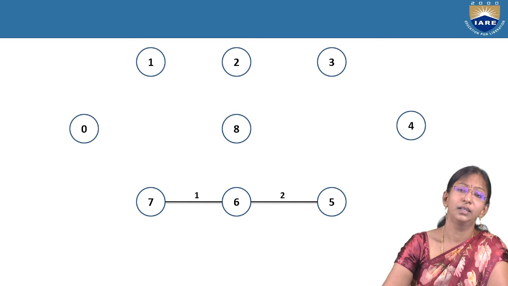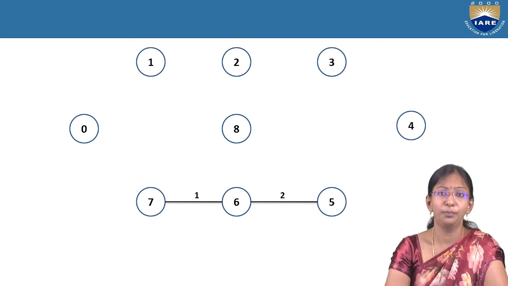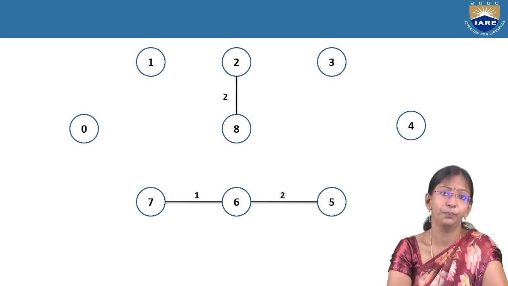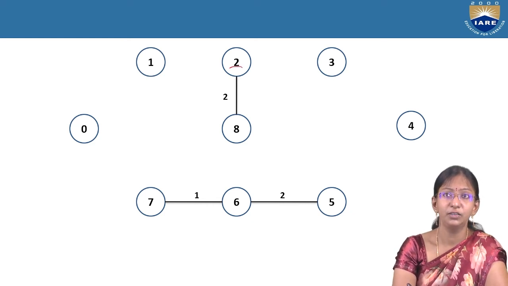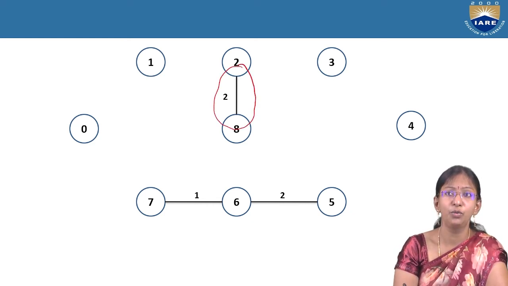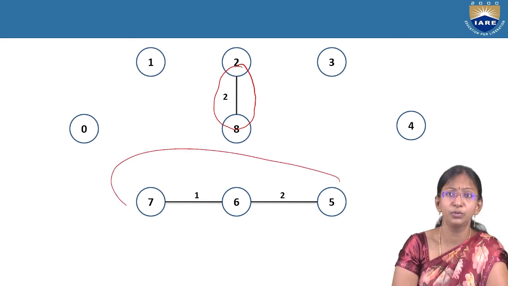Then, it did not form any circuit. The next one, another 2 between 2 and 8. I hope you can see that. The edge which I have added just now is in no way related to this one.